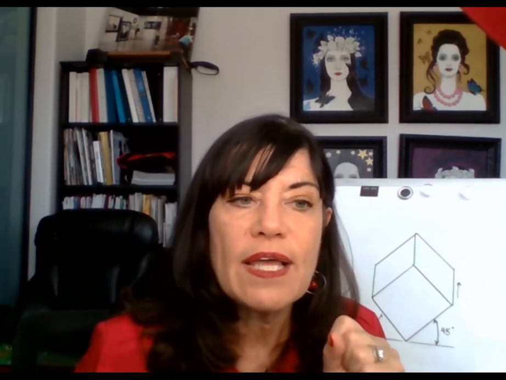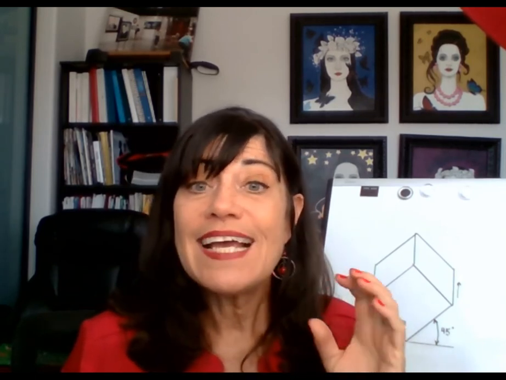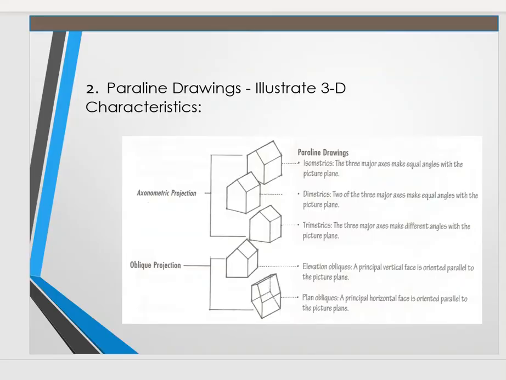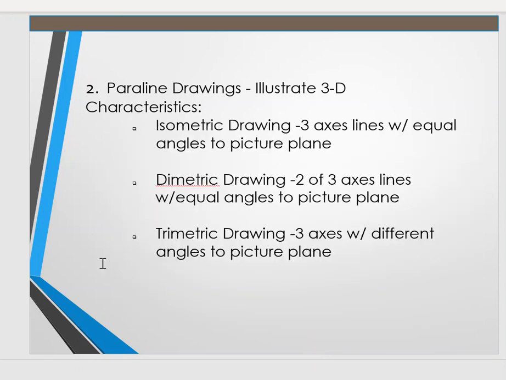We are going to look at that and do a little exercise on Zoom in class. So we are going to, just like I did with that square, we have images, we'll project these vertical lines and connect the dots and create something that looks three-dimensional. And like I said, the parallel drawings, there are three different types.